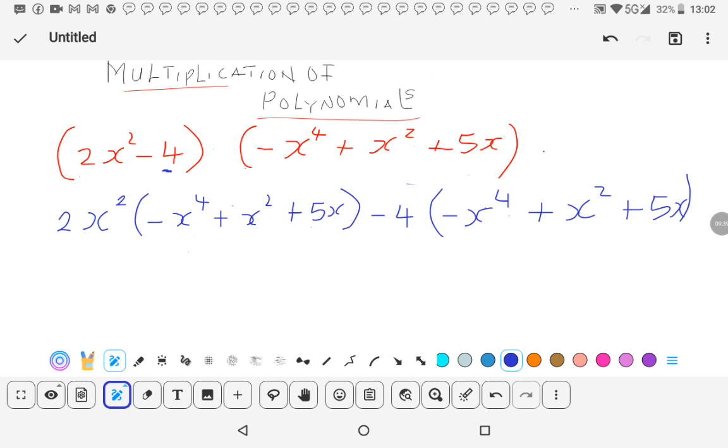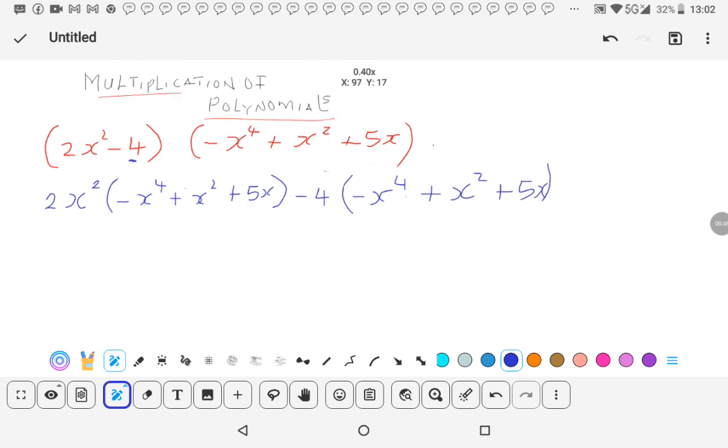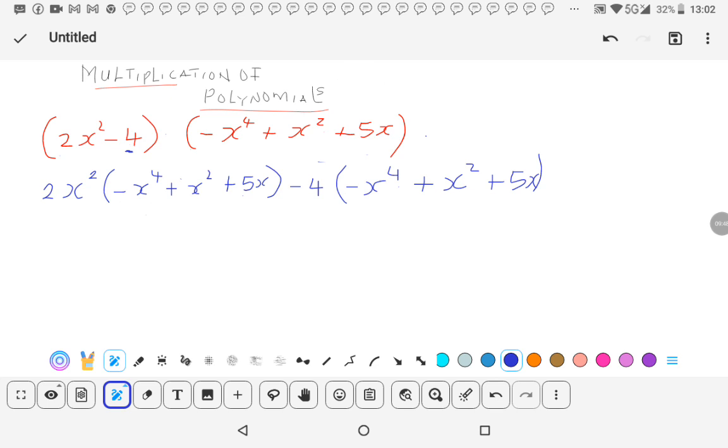The next step you have to take is to expand the numbers in this bracket. You are going to expand them. That is, 2x squared will multiply everything in this bracket, minus 4 will also multiply everything in this bracket. So we are going to do this a bit by bit and step by step.